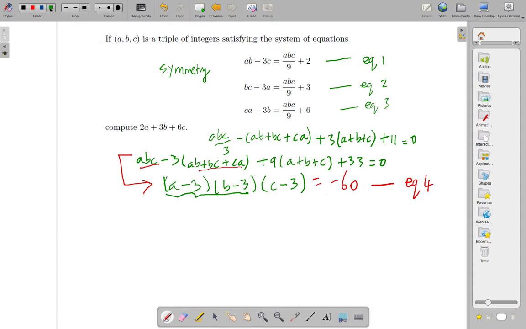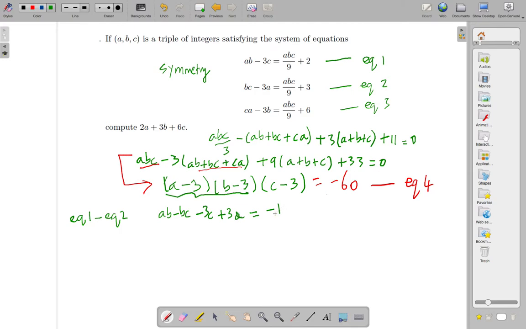Now, in symmetry, not only adding, let's subtract and see. If we subtract the second equation from the first, equation 1 minus equation 2 will give you AB minus BC minus 3C plus 3A equals 2 minus 3, which is negative 1.